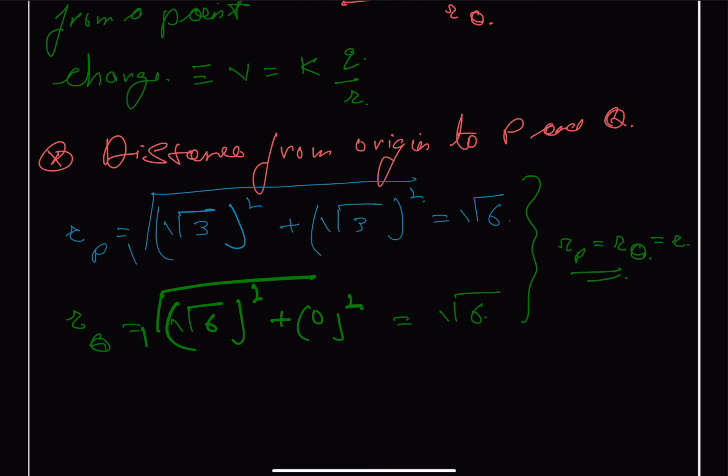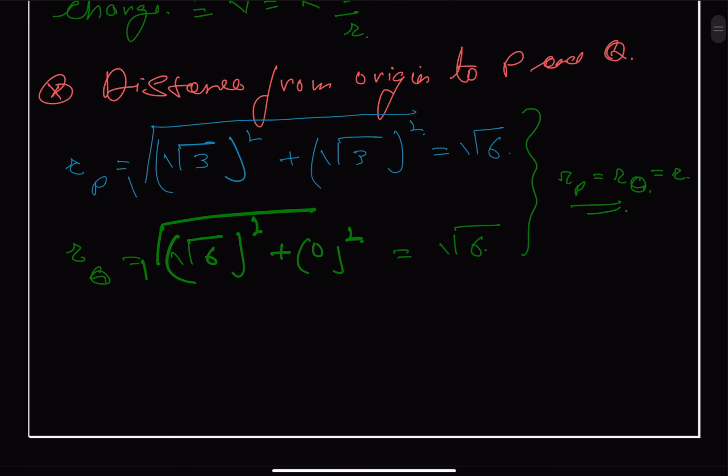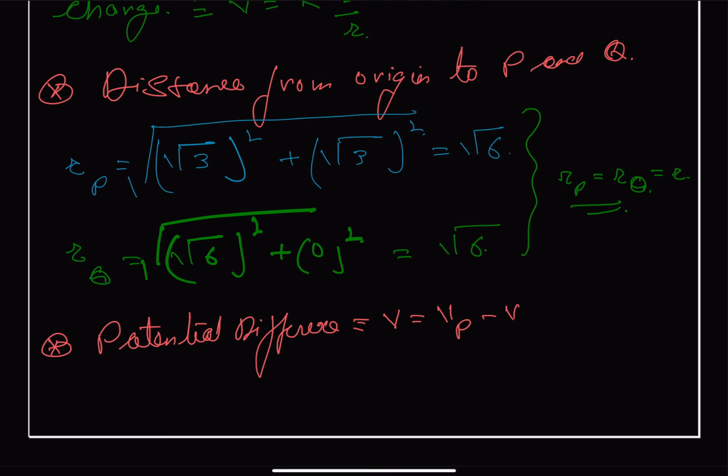Therefore, the potential difference, which is our V, will be equal to Vp minus Vq, that is KQ upon Rp minus KQ upon Rq.